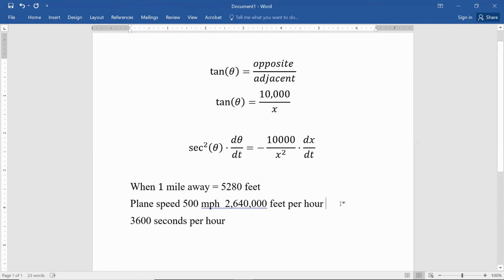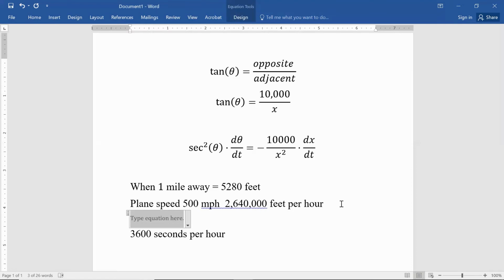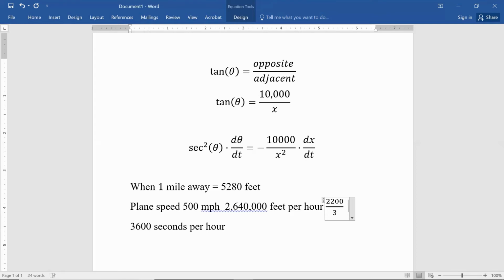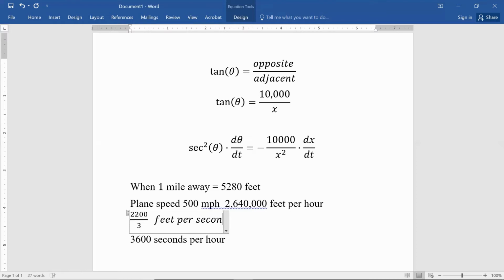And that means the plane speed, 2,640,000, can be divided by 3,600, and you get 733 1/3, or 2,200 over 3 feet per second. That's how fast the plane is going.